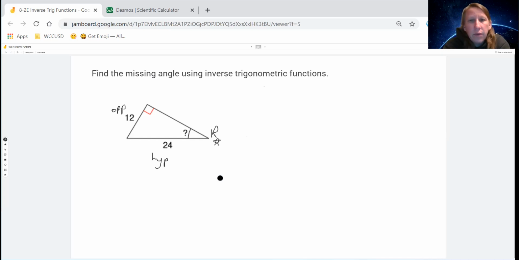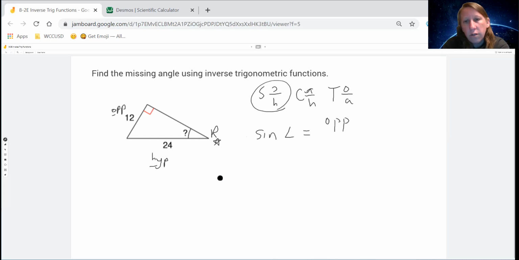I'm deciding between sine, cosine, or tangent, and in this problem, I have the opposite and the hypotenuse, so I'm going to use sine again. The sine of any angle is its opposite side over its hypotenuse side. And for this problem, I want to find the measure of angle R, and I know that the ratio is 12 over 24.